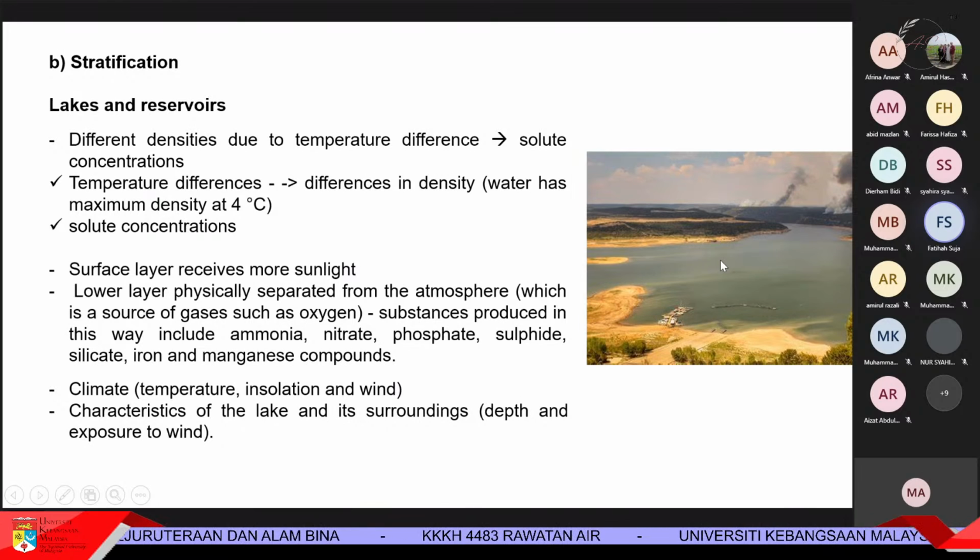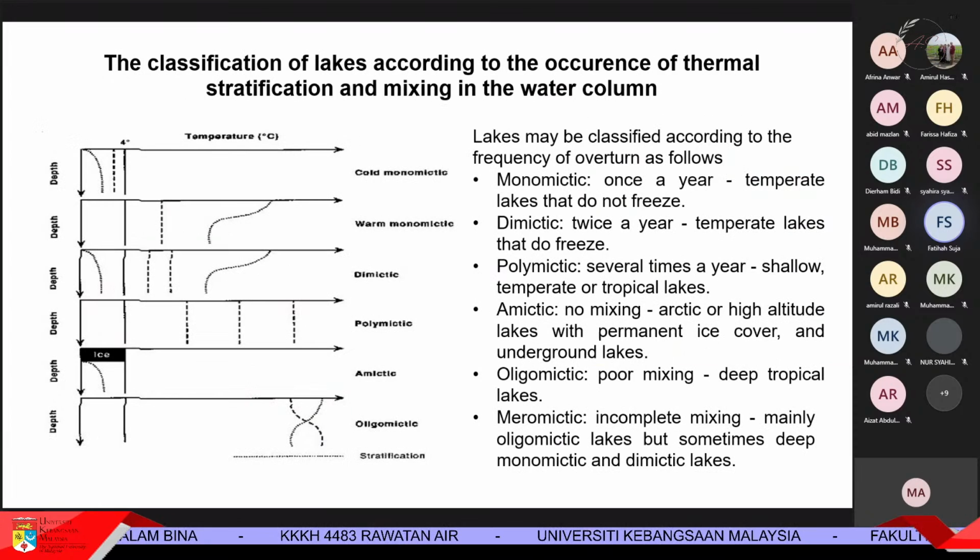Actually this thermal stratification, people have studied this for many years, especially in temperate regions where during spring and summer the surface layer of the water becomes warmer and the density decreases because density increases at lower temperature. So at the surface layer, high temperature, density decreases. So they float upon the colder and denser layer below, and there is a resistance to vertical mixing.